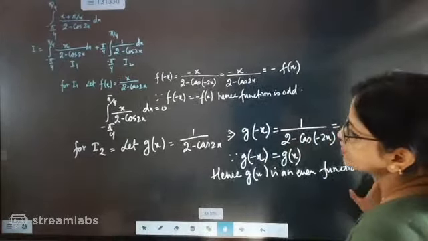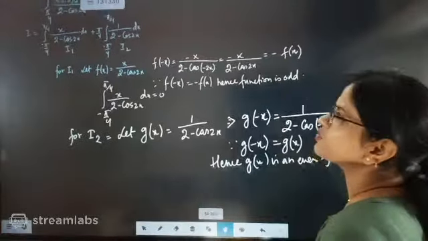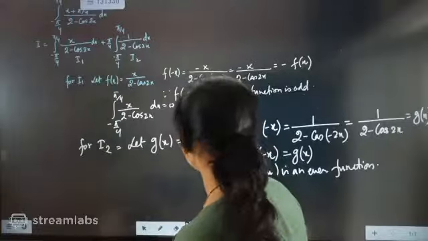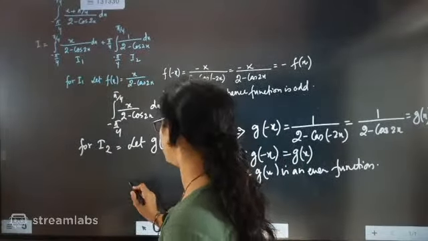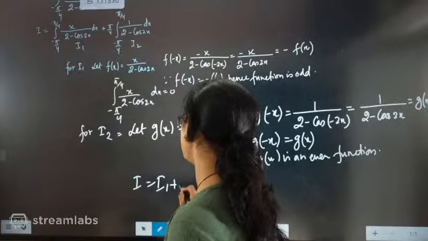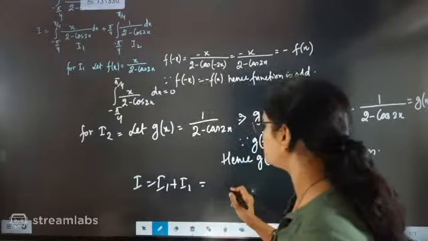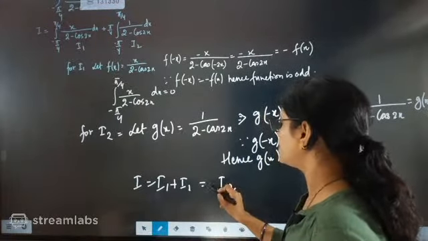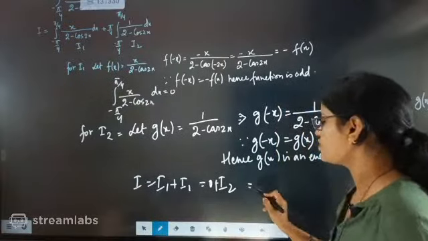Once g of x is an even function, what else can we do here? No big deal. Now we are going to write that I will be equal to, we have taken I equal to I1 plus I2. Now the I1 part is 0, so it will only be left as I2. So 0 plus I2. Now what is I2?